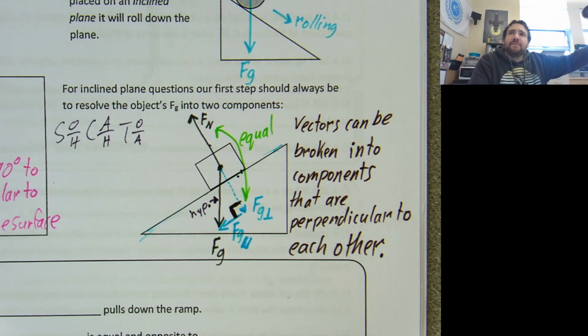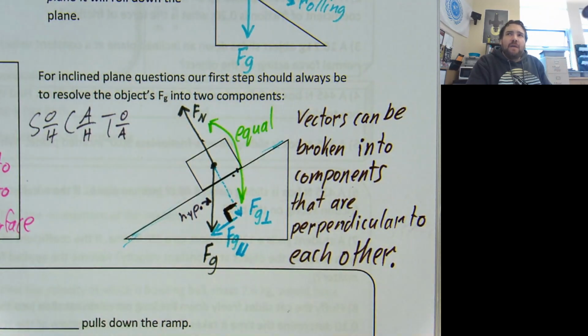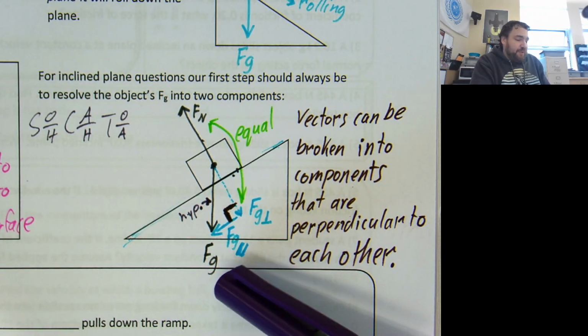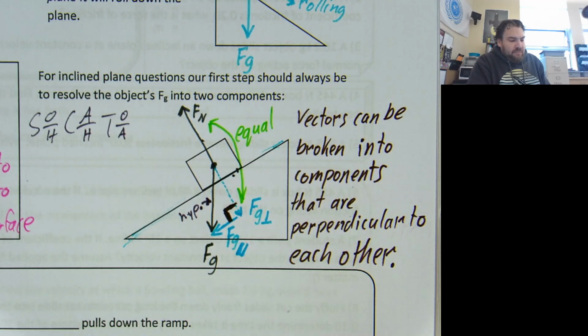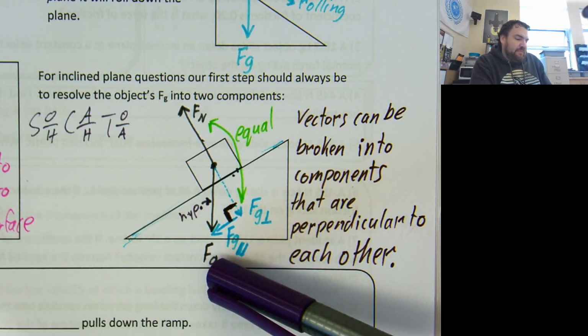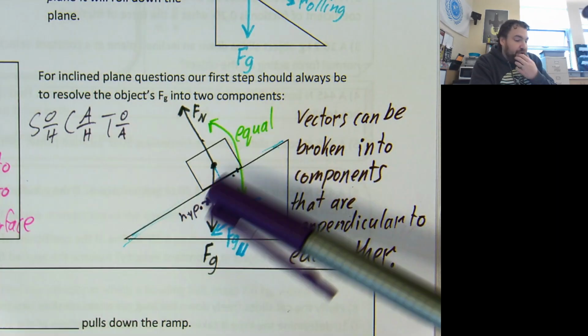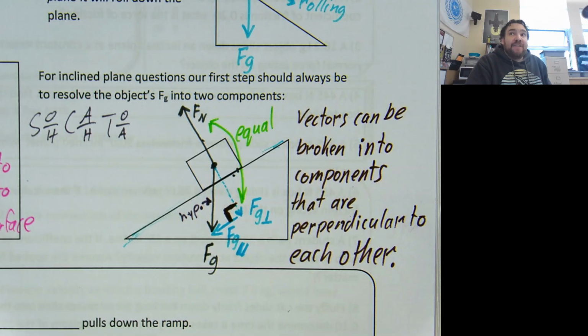Let's zoom this thing back in here a little bit more. In order to solve this thing, we're going to know what FG is because presumably they'll give us the mass. We need one more piece of information. If we know FG, and we know that this is a right angle triangle, and if I want to find FG perpendicular and FG parallel, what one more piece of information do I need to be able to use trigonometry to solve this triangle?